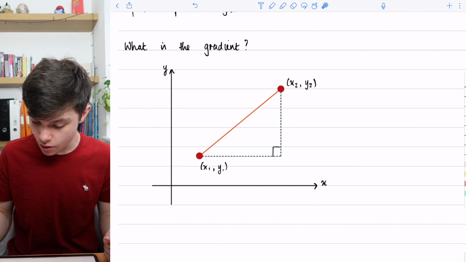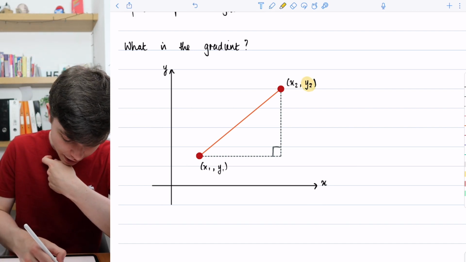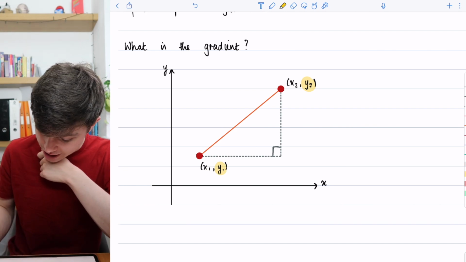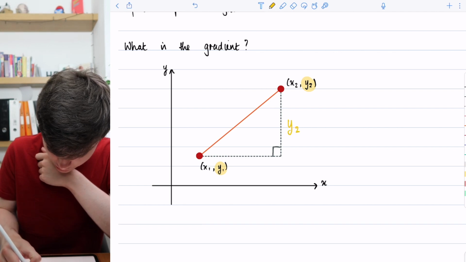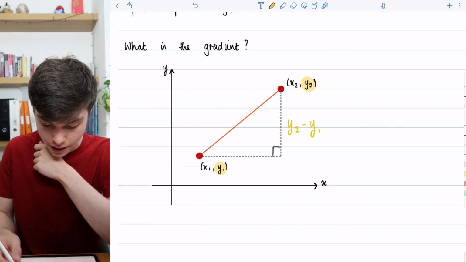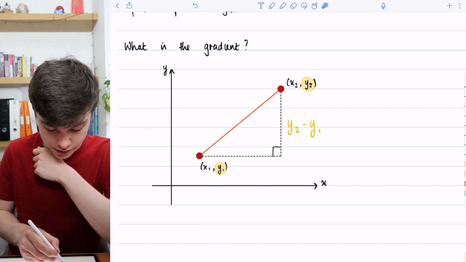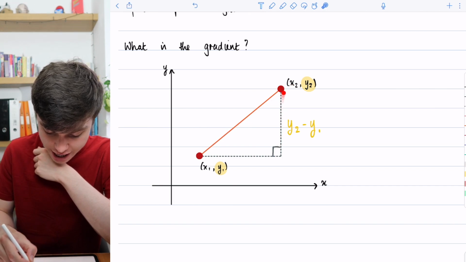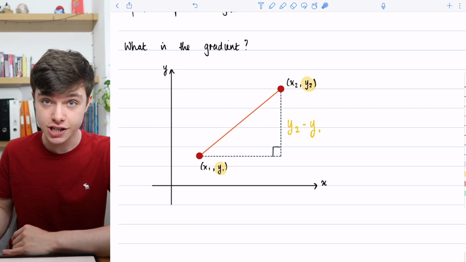Okay, so we can see quite easily that if we take the y values, the change in those, and I'll write this in yellow, is y2 minus y1 to work out the difference, if you like. We started at y1 and we've ended up at y2 on the straight line, so what's the change? Do y2 minus y1, we'll work out the change in y.